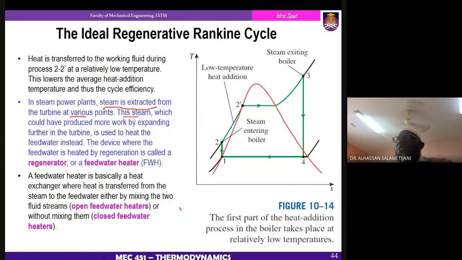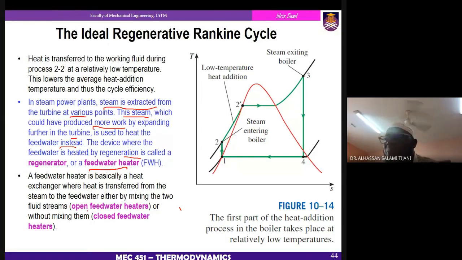So the steam which could have produced more work by expanding further in the turbine is used to reheat the feed water instead. The device where the feed water is reheated by regeneration is called a feed water heater. Okay?